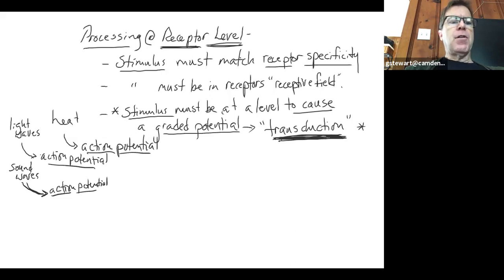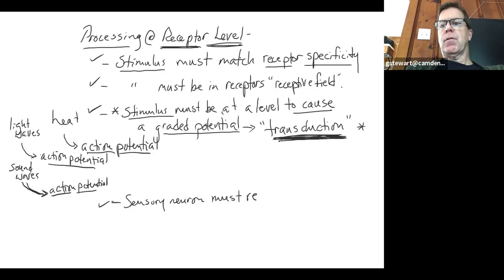So, finally, last, I've done this transduction, and the last condition that must be met is that the sensory neuron must reach threshold to fire an action potential. That's sort of a given.